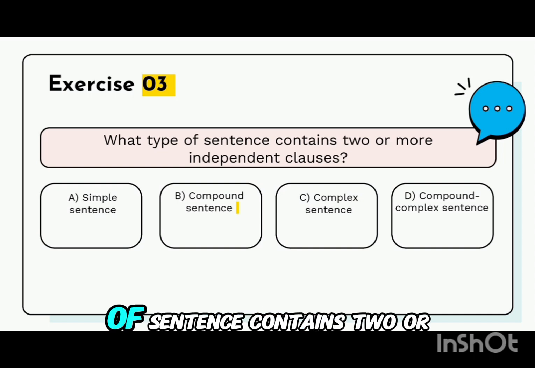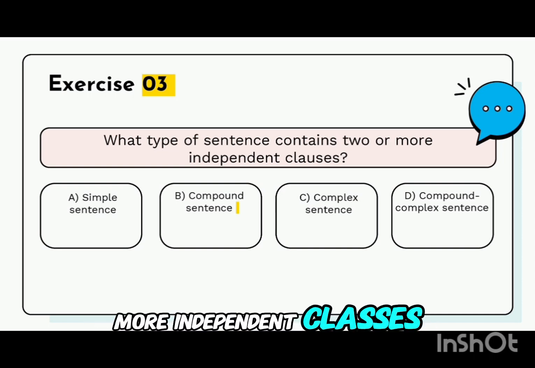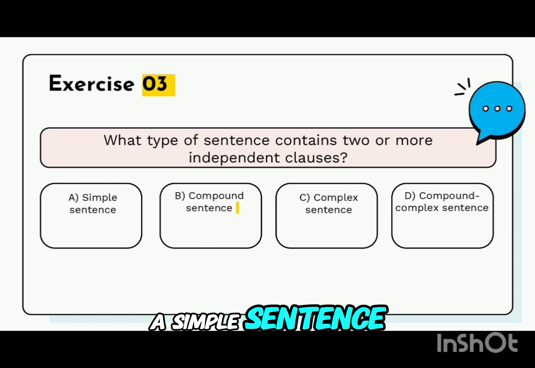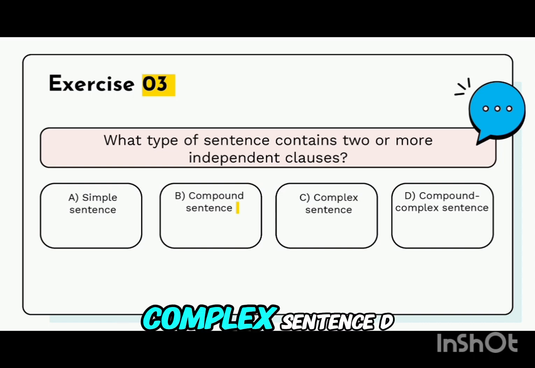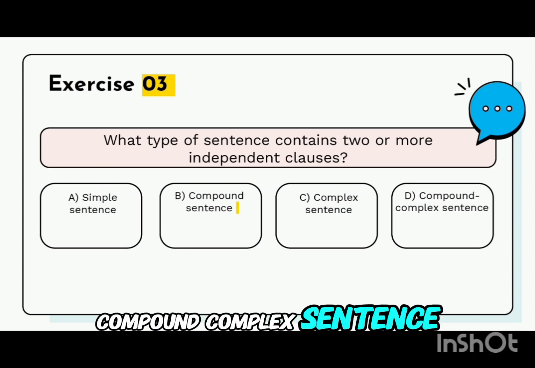What type of sentence contains two or more independent clauses? A. Simple sentence. B. Compound sentence. C. Complex sentence. D. Compound complex sentence.